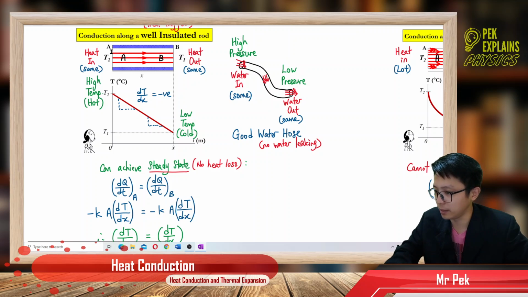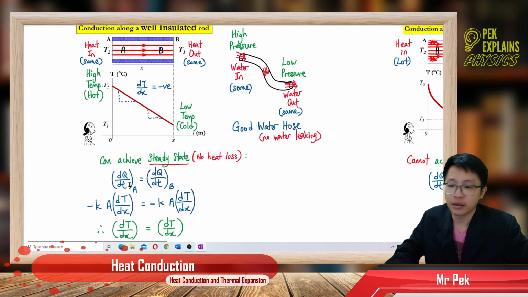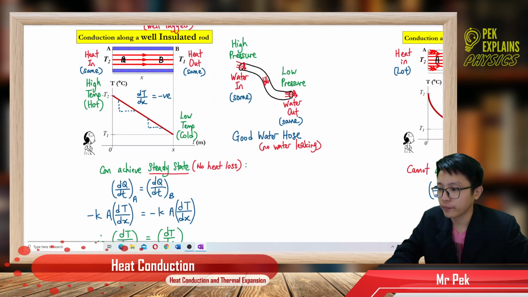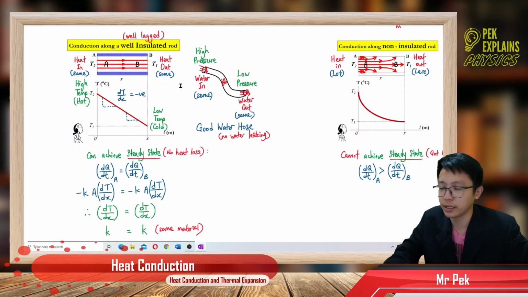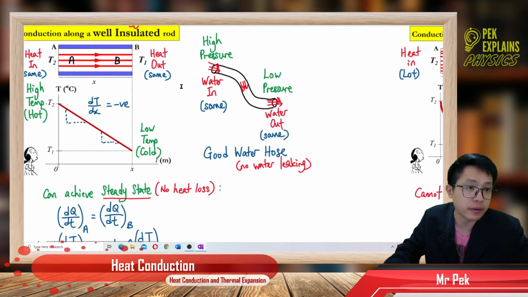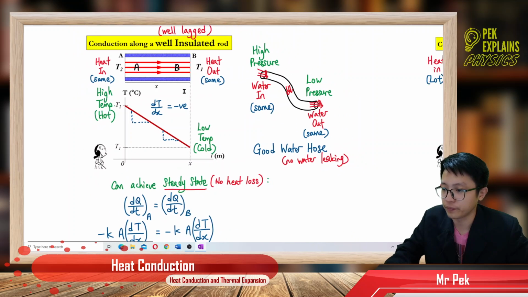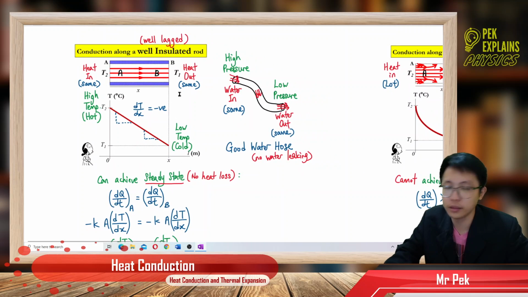Let's say I pick the point A, this area, and this area is B. The rate of heat flow at A is the same as the rate of heat flow at B. Can you see that? Hope you can see that clearly.